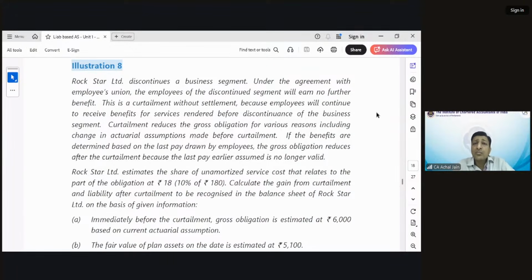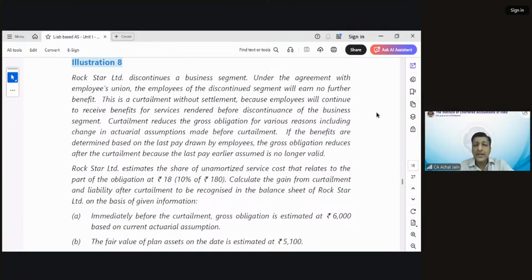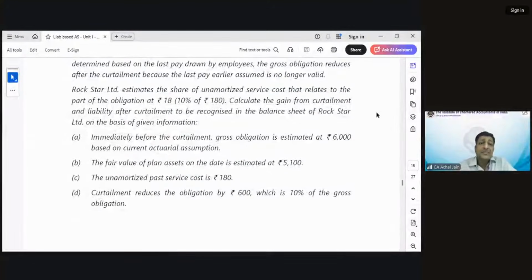Calculate the gain from curtailment and liability after curtailment to be recognized in the balance sheet of Rockstar on the basis of the following information. Immediately before the curtailment, gross obligation is estimated at 6,000. Fair value of plan asset on the date is 5,100.